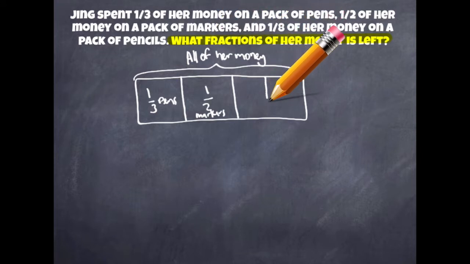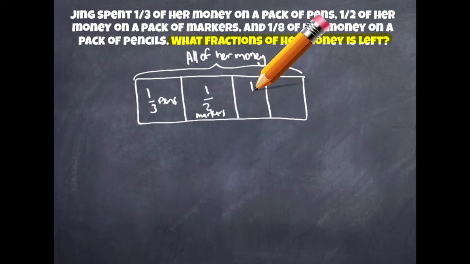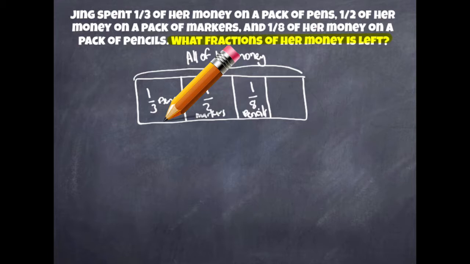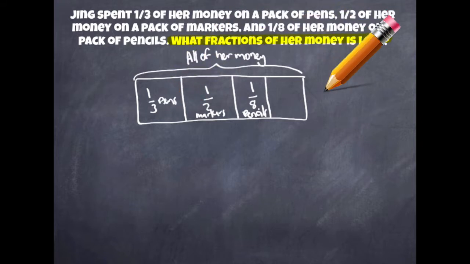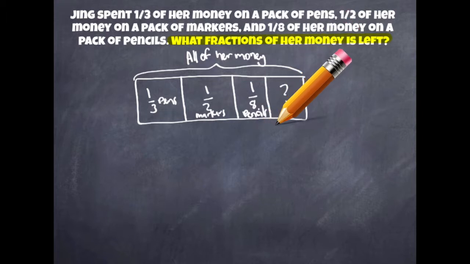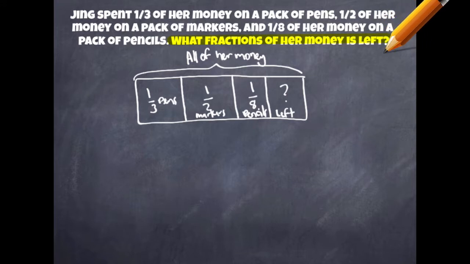So we'll say 1/8, probably right here somewhere, on pencils. So again, my squares don't have to be exact, all right? Visually, it helps the more exact you can get, but it doesn't really matter as far as what we're thinking about here. So of all of her money, she spent this much on pens, this much on markers, this much on pencils. What we want to figure out is what's left over, okay? Because that's what the question is asking us.